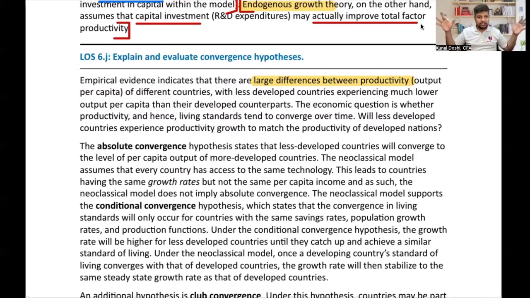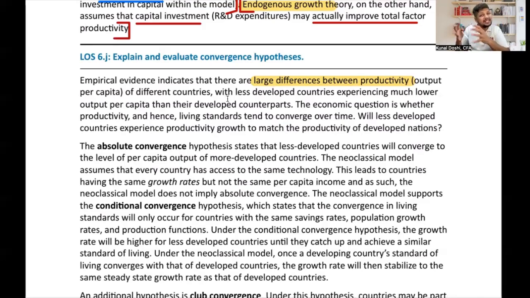So this gap is huge. Even if the GDP of countries like India is increasing, its GDP per capita is not increasing at a high rate. Of course, China has been an outlier, its GDP per capita is rising substantially, but still it hasn't converged to the GDP per capita of the developed nations.